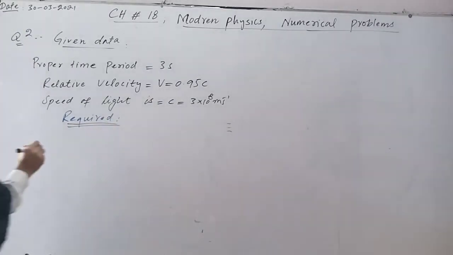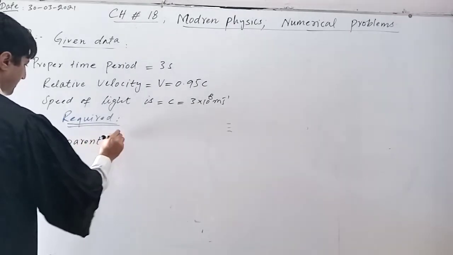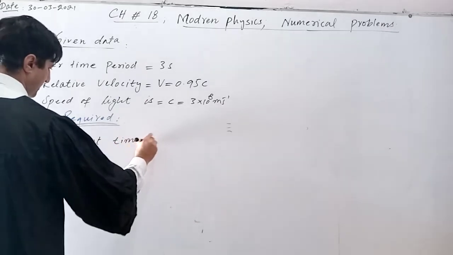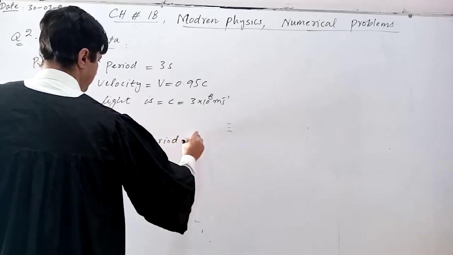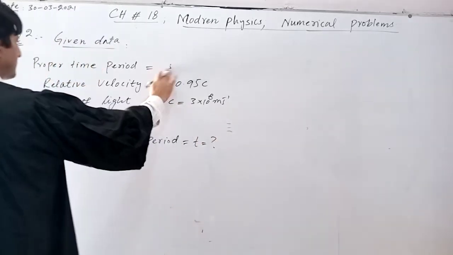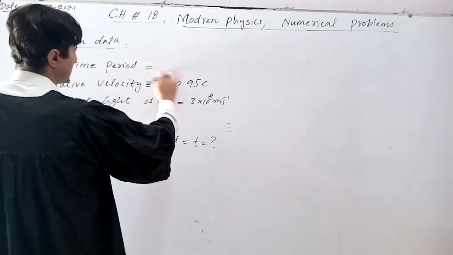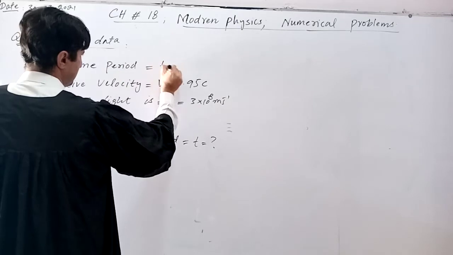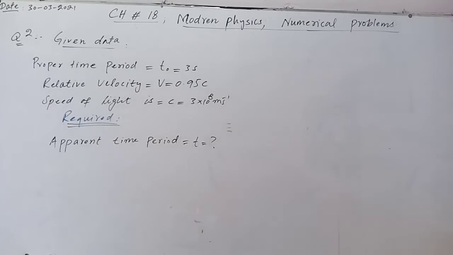Apparent time period T. Dear student, this proper time period or rest time period will be represented by T naught. This is T naught, and this is equal to 3 seconds. So very simply we can solve this question by applying the time dilation formula. So, solution.